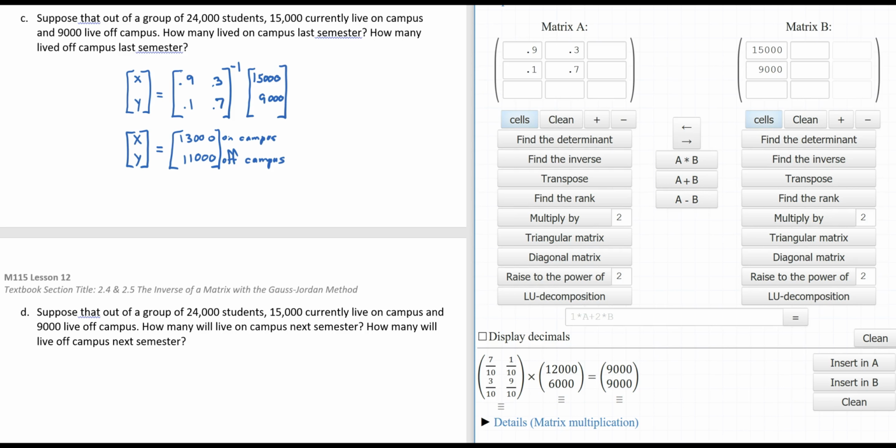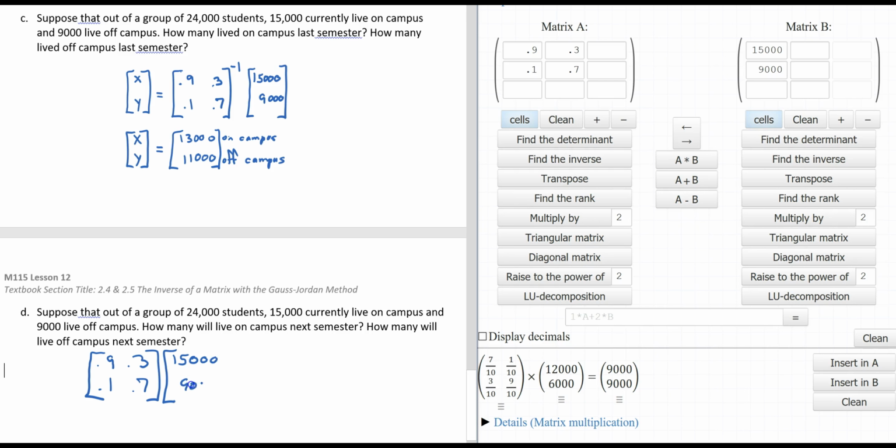So this problem is solved differently than the one before. Instead, we are going to take our matrix A of 0.9, 0.3, 0.1, and 0.7, multiply it with matrix XY, and that will equal our answer of matrix UV.